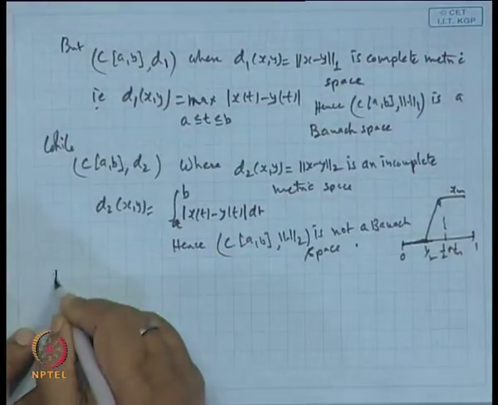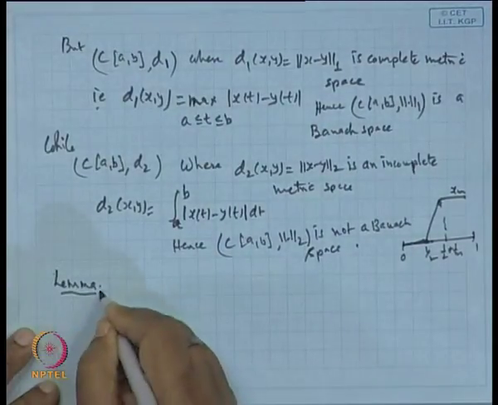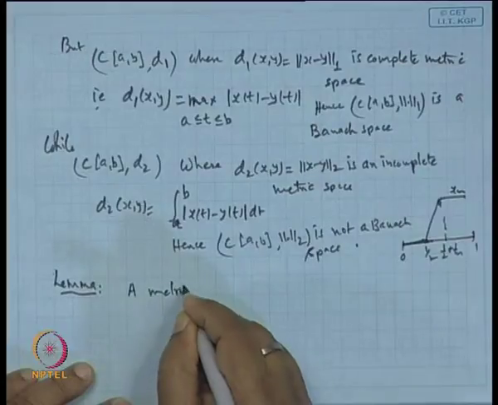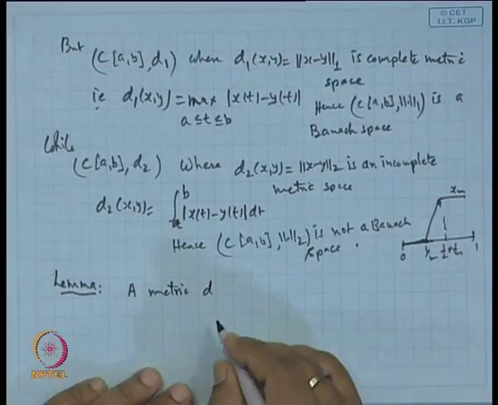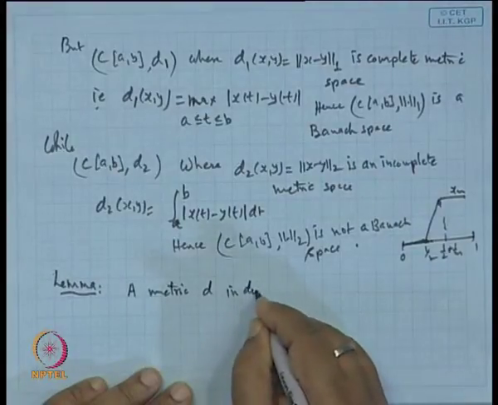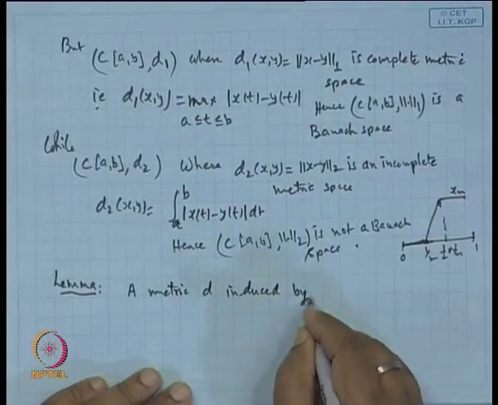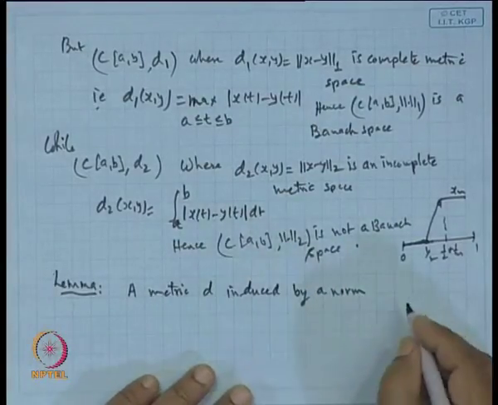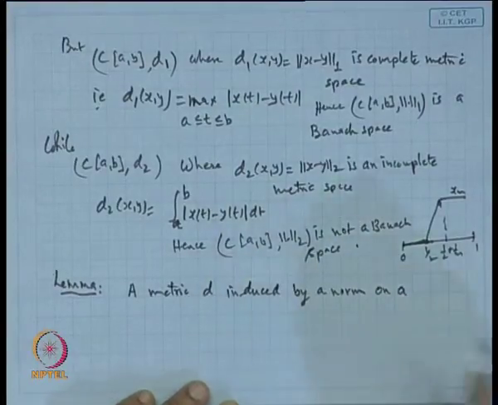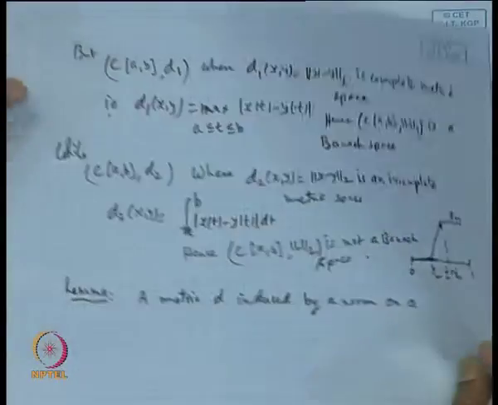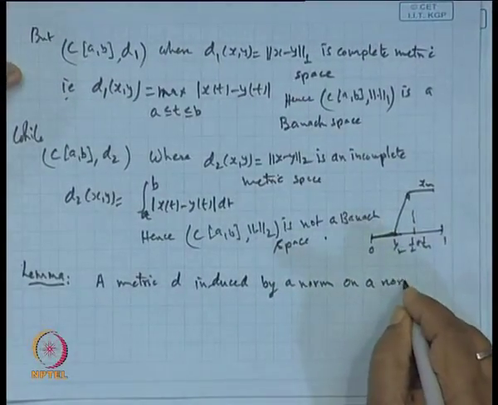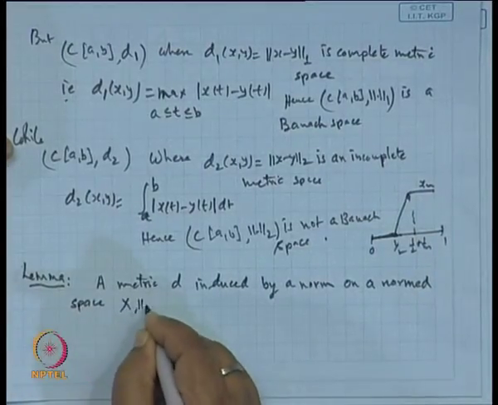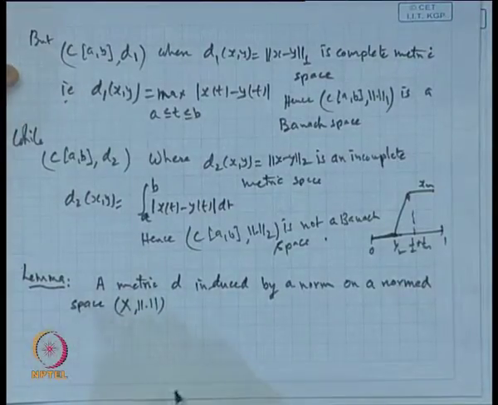So, that lemma: a metric d, induced by a norm on a normed space (X, norm), satisfies the following properties.